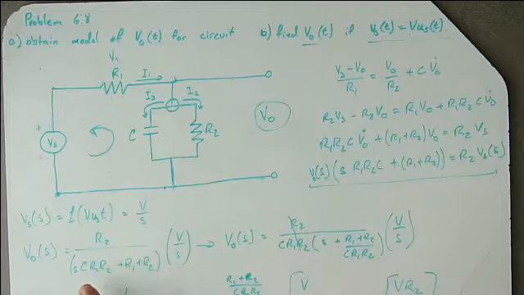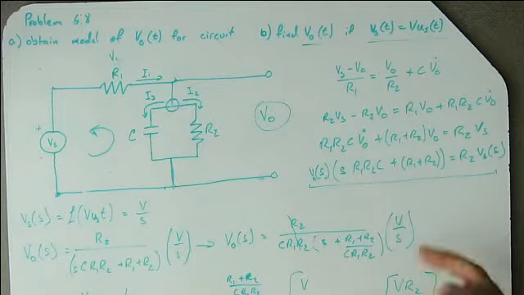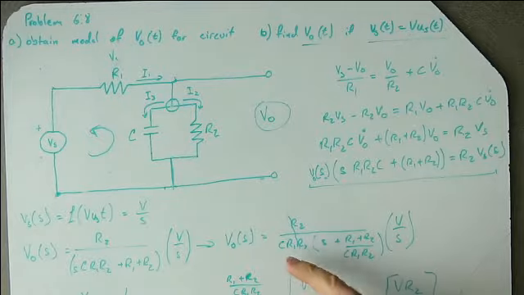That's all good. R2 over that stuff. That is good. We divided through by CR1 R2. So I'm going to cancel the R2 on top. VR2, and then we have an R1 on the bottom.